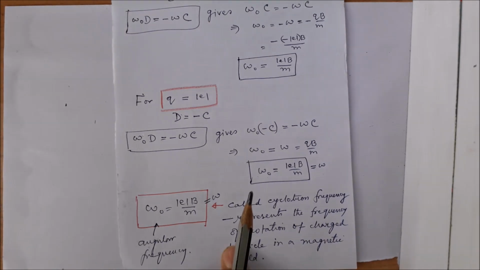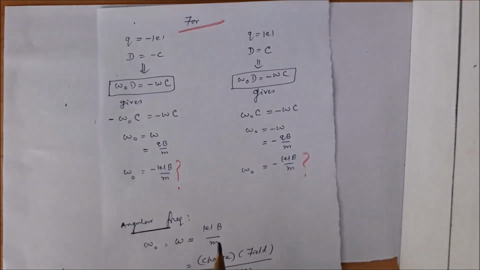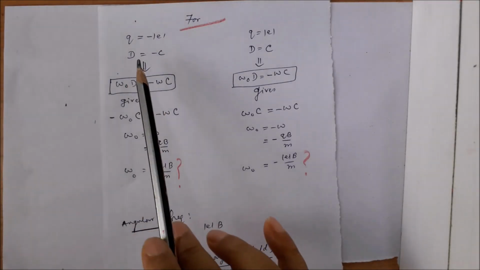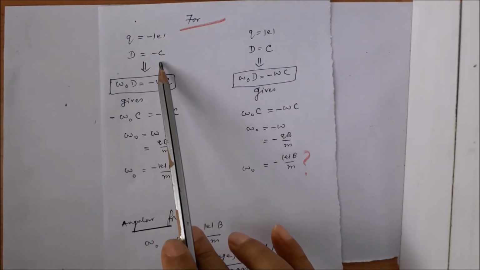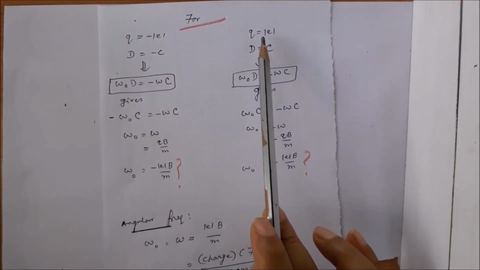Now what if we made the other choice? That is, what if we took d equal to minus c for negatively charged particle and d equal to c for positively charged particle?